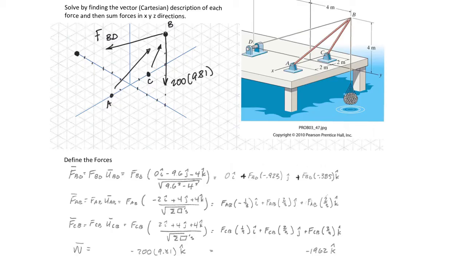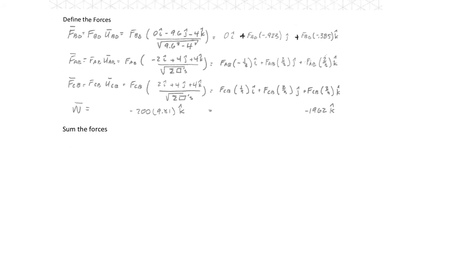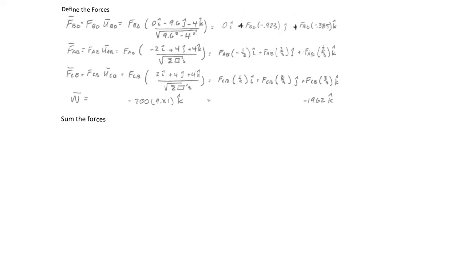Once we define the forces, we sum the forces together. So let's do that. Now I can move the picture out of the way because we don't really need that anymore. Let's sum the forces in the X. I just look at the i components of the forces right here. So that would be negative 0.923 FBD.